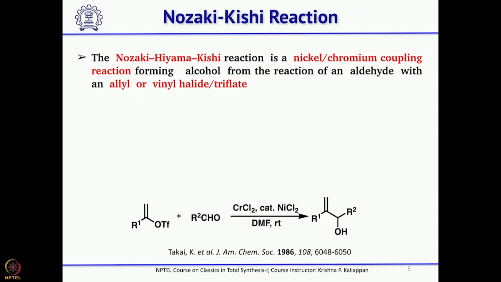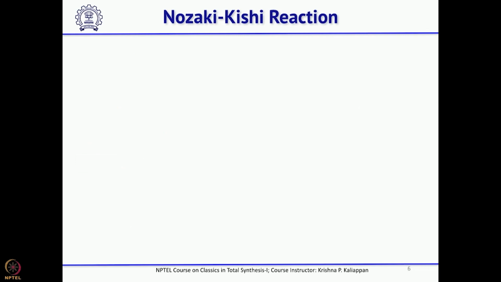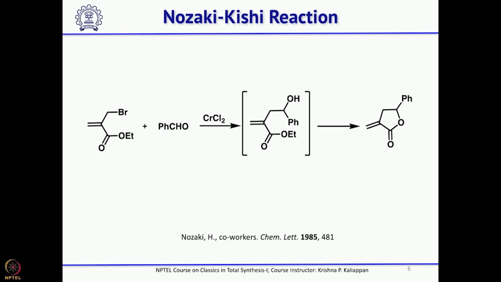As I said, there are two key reactions which he has used. At least I will talk about one key reaction, that is the Nozaki-Hiyama-Kishi reaction. It is nothing but if you have a vinyl triflate or vinyl halide, on treatment with aldehydes in the presence of chromous chloride you will get an allylic alcohol. This reaction can be done intermolecularly as well as intramolecularly. If you want an allylic alcohol, this is one of the very important transformations, and one can also get homoallylic alcohol using similar conditions.